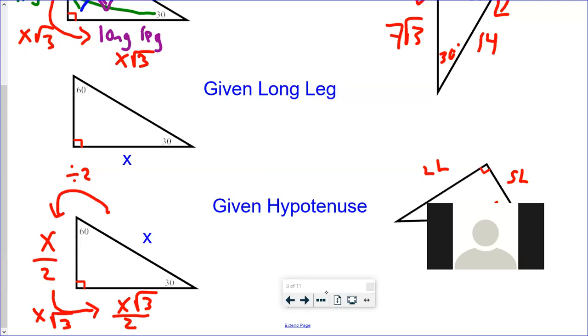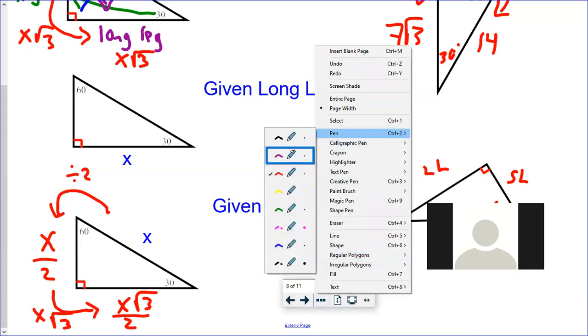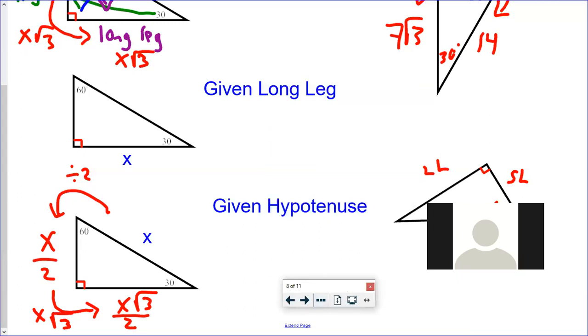But what we just learned was that if I'm trying to go from the hypotenuse to the short leg, that's what I'm showing here, we're going to divide by 2. And 6 divided by 2 is 3. Now, if I'm going from the short leg to the long leg, I am going to times by the square root of 3. So this is going to turn into 3 square roots of 3.